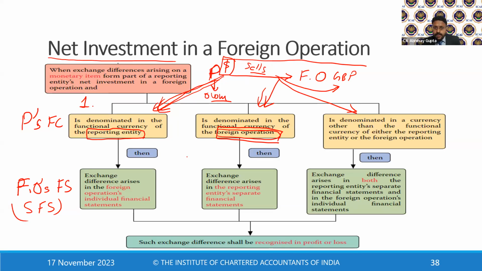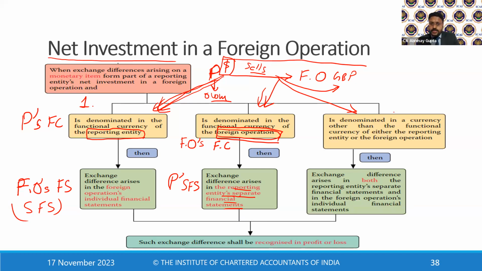In this case, whose financial statements will have the forex gain or loss? The parent's SFS will have the foreign exchange gain or loss, because the foreign operation's functional currency is the currency in which the transaction is happening.